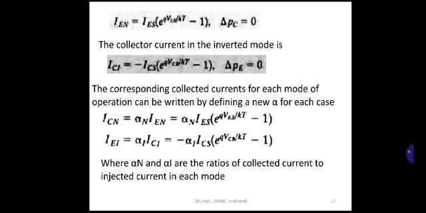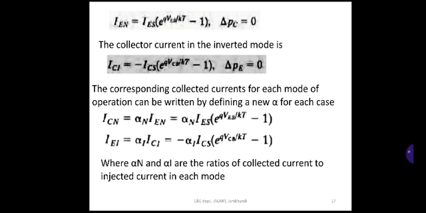Similarly, the collector current in the inverted mode is represented as ICI. So ICI equal to minus ICS into e to the power QVCB by KT minus 1, where delta PE equal to 0 here. Here ICS is the magnitude of the collector saturation current with VEB equal to 0.